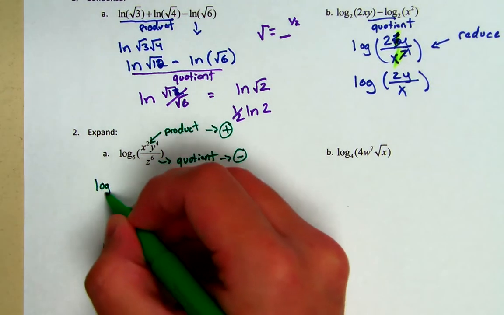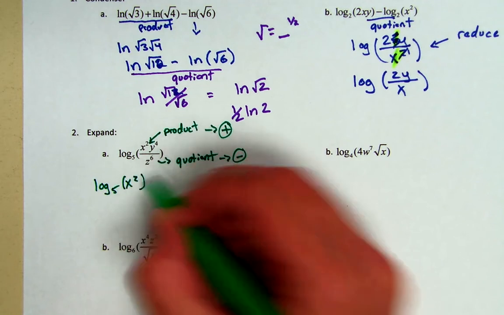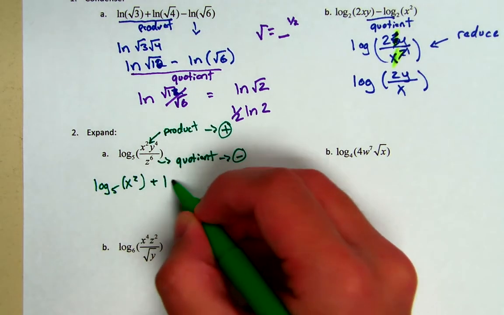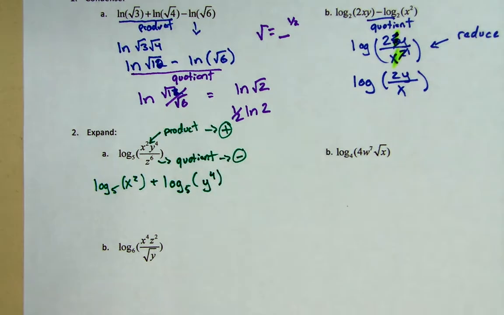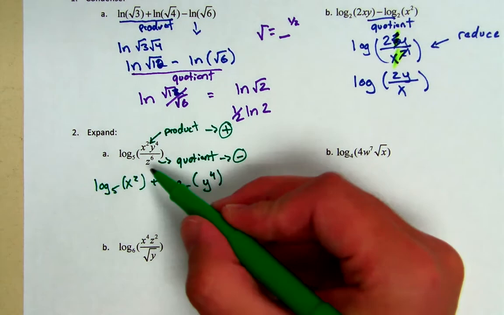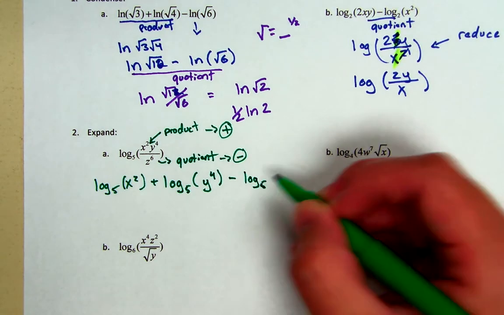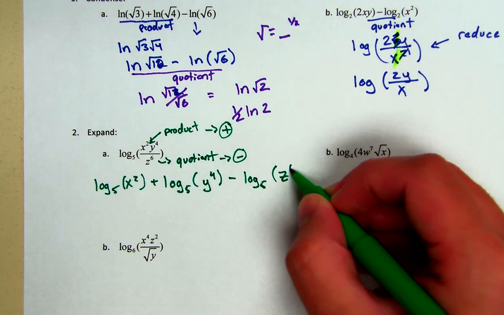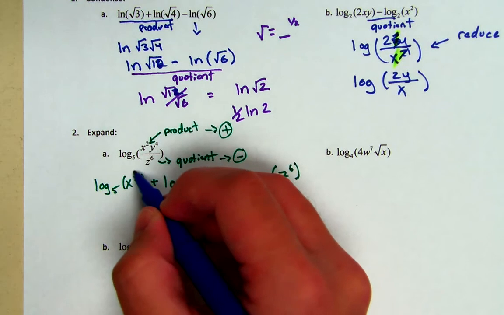So log 5, let's do the product first, of x squared, we'll deal with the power next, plus log 5 of y to the 4th, again, we'll deal with the power later. I'm subtracting the quotient, so log base 5 of z to the 6th power. Now, to finally expand this fully, we need to make sure we bring down those powers.